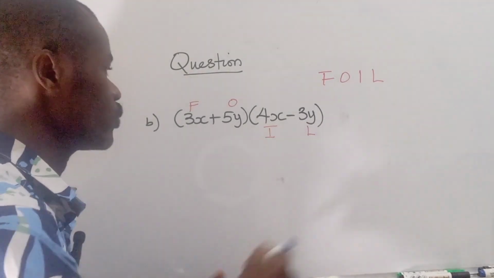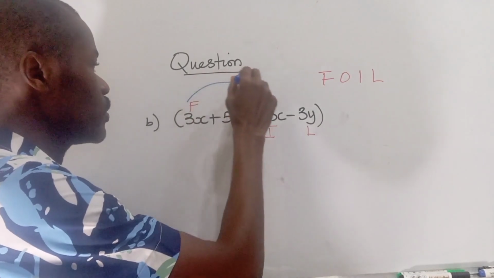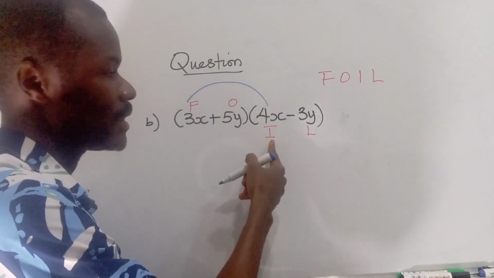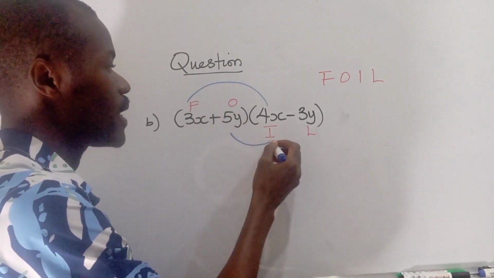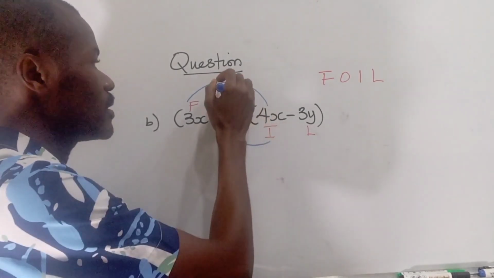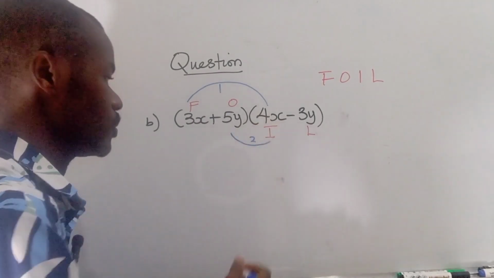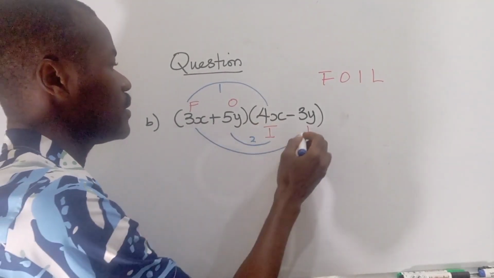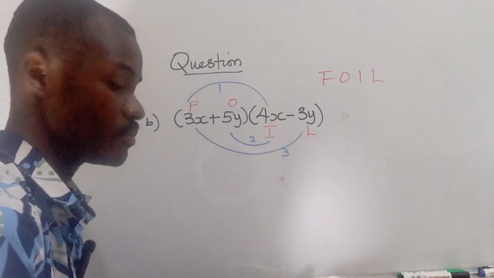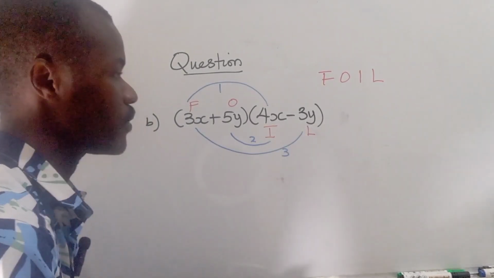Now we want to start with the first term multiplying the inner term, and the outer term multiplying the inner term. We'll call this step 1, step 2. Then our step 3 is going to be this. So let's do step 1, 2, and 3.